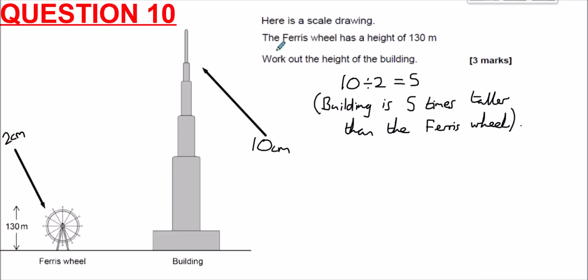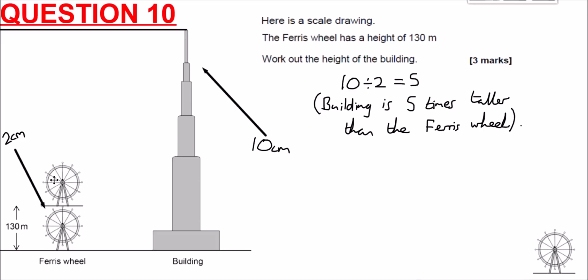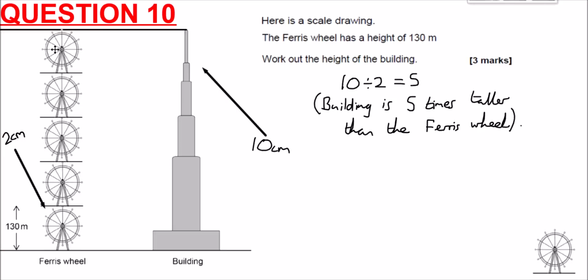I was going to give you a more visual way you might want to picture that. It's not as easy to do in practice as what I'm going to do here, but if I just mark off the top of the tower and then show you, you can imagine it being stacked up. So one Ferris wheel we've already got. Imagine adding in another Ferris wheel, a third, a fourth, and a fifth.